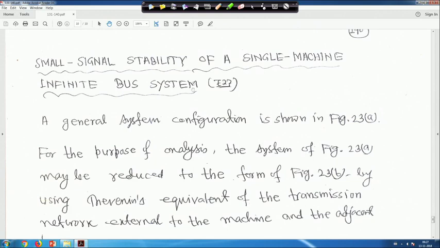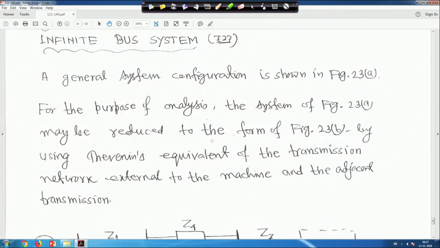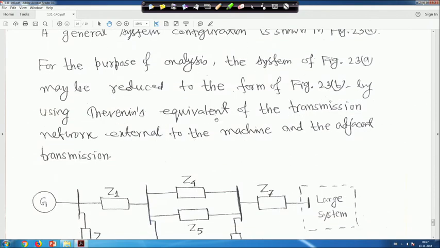A general configuration is shown in figure 23A for the purpose of analysis. It may be reduced to the form of figure 23B by using the Thevenin equivalent of the transmission network external to the machine at the adjacent transmission line.